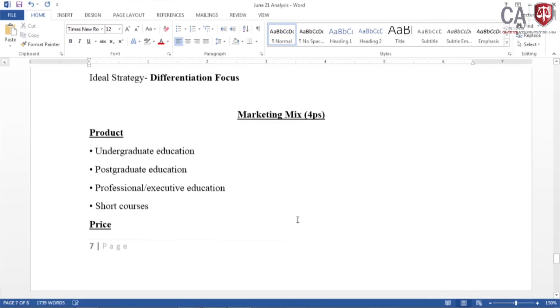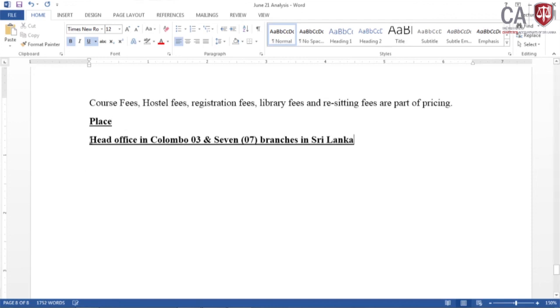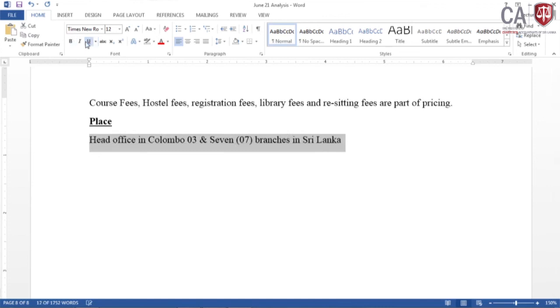Then place, so where they normally offer products, they have 7 branches also. Head office in Colombo 3 and 7 branches in Sri Lanka.